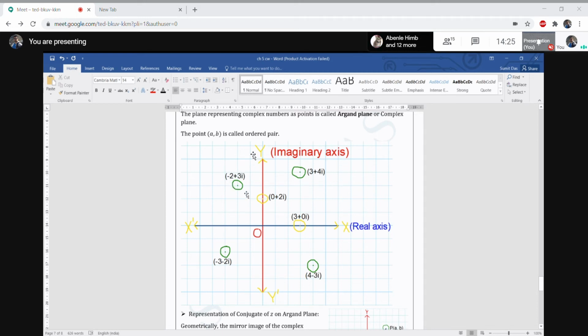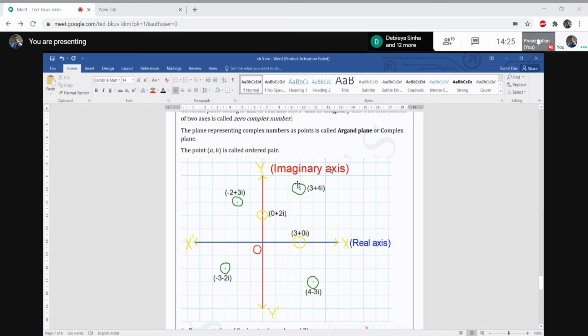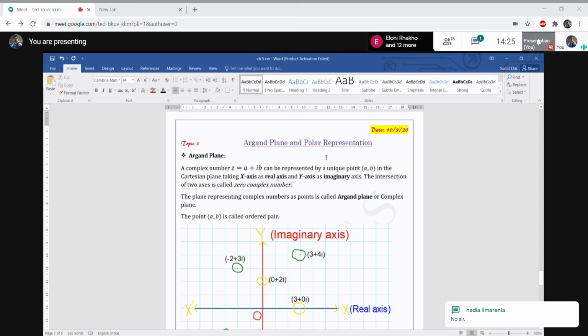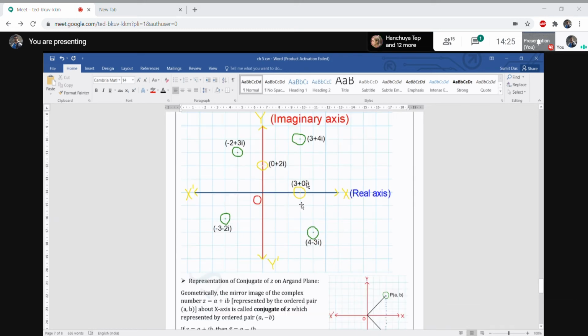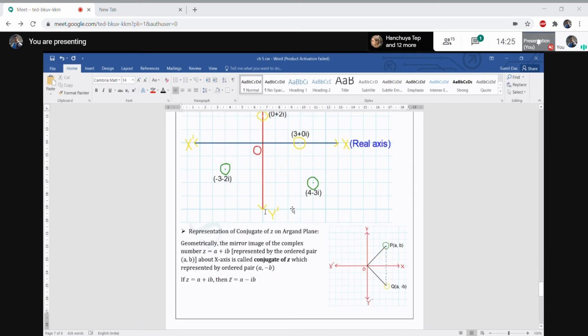Suppose minus 2 + 3i, in which quadrant? Second quadrant. This image should be clear. So plotting will not come, but plotting-related questions will come. If anyone has any doubt regarding plotting, or what the Argand plane is, you can ask me now. Otherwise I will go to the next part.